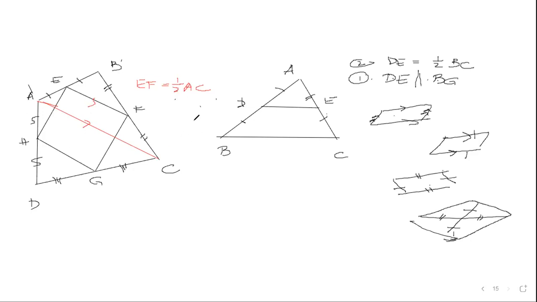Can somebody tell me? I'm talking about this triangle here, ADC. So the conclusion would be that HG is parallel to AC, which is parallel to EF. Very good. HG is parallel to AC.